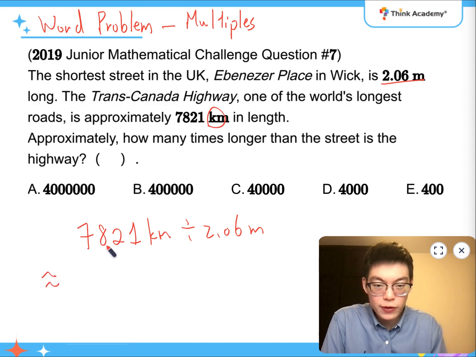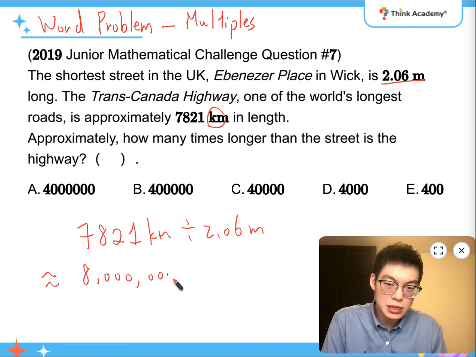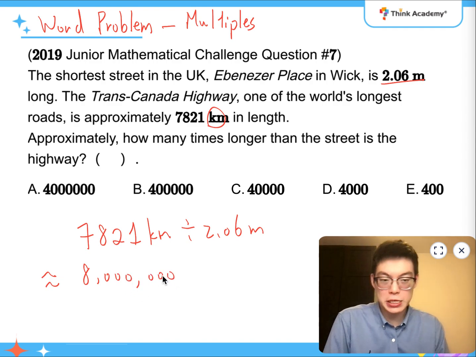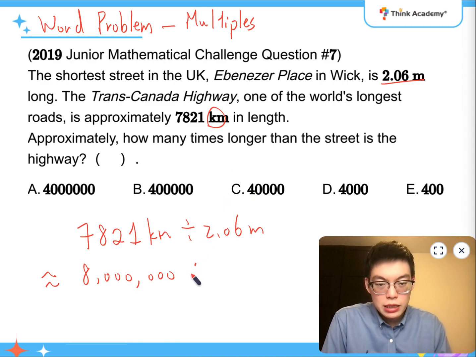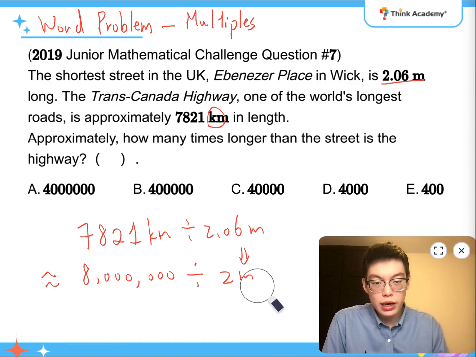So that's roughly 8,000 kilometers, which is 8,000 meters, right? Which is 8 million meters, and that's roughly 2 meters. So now I have them in the same unit, meters, which means I can remove them.